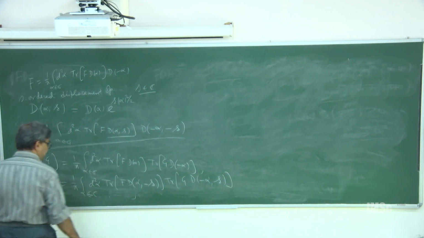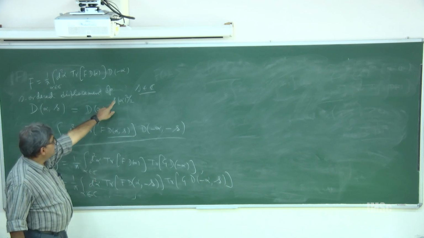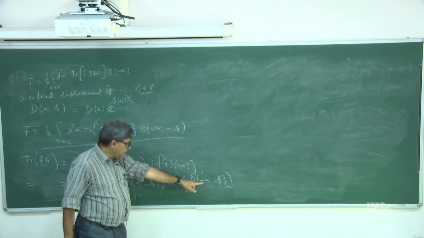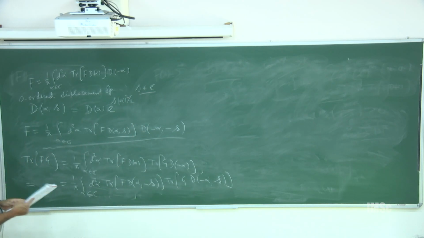Do you agree? It should be correct, right? Because from here you will get e to the power minus s times mod alpha square by 2, and from here you will get e to the power plus s mod alpha square by 2. So, they will get cancelled. Okay.